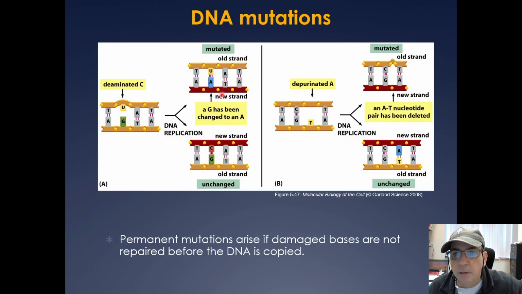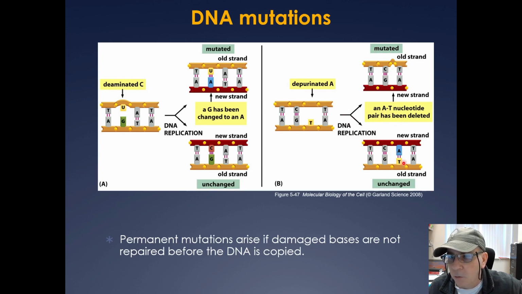Now the old strand will be copied normally, but this one will leave a mutated copy of the gene around. If you have a depurinated adenine, where the base is cleaved off and you're just left with the sugar phosphate backbone, when this gets copied, the copied strand just skips the base and you're left with a deletion. A single nucleotide is removed from here.